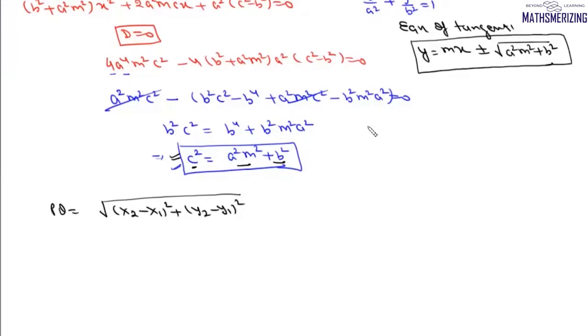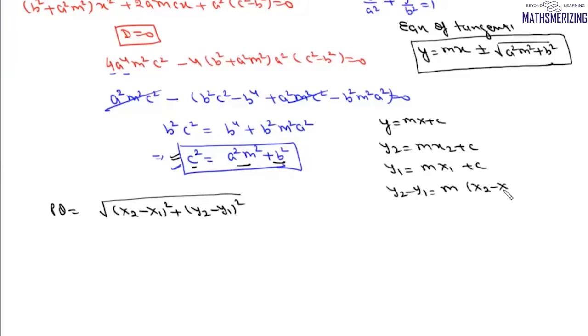Now we know that these P and Q lie on this line, which is y equals mx plus c. So we can write y2 equals mx2 plus c and y1 equals mx1 plus c. So from here we can write y2 minus y1 is m times x2 minus x1.